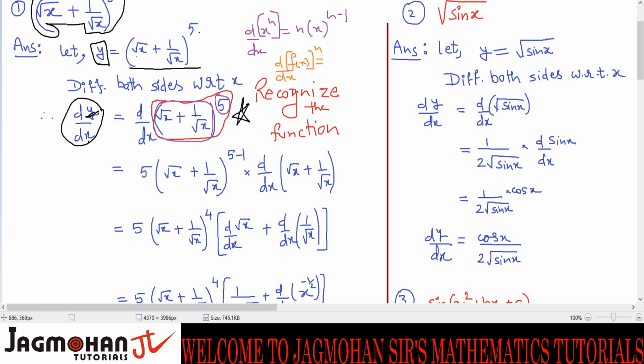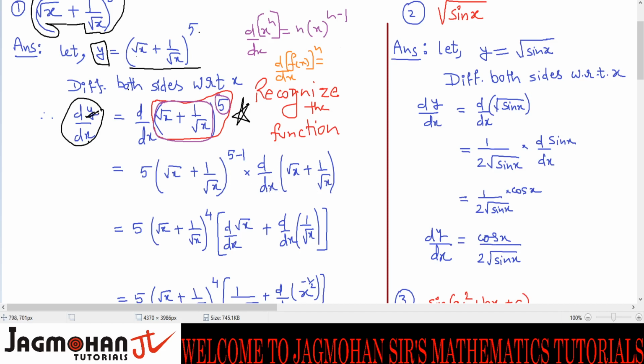So this 5 will come here, 5 into root x plus 1 upon root x raised to 5 minus 1, which is 4, into d by dx of root x plus 1 upon root x.